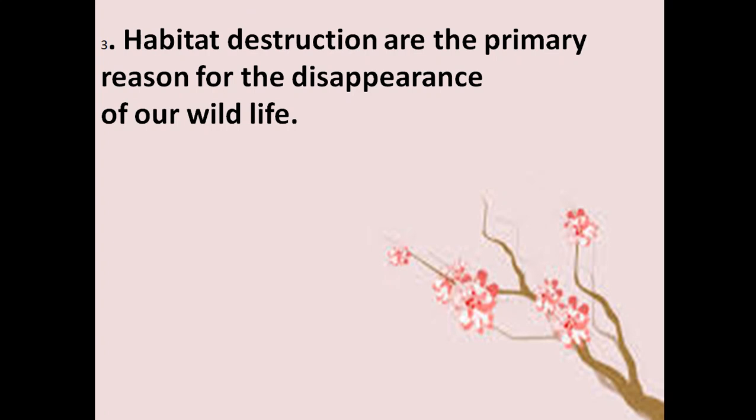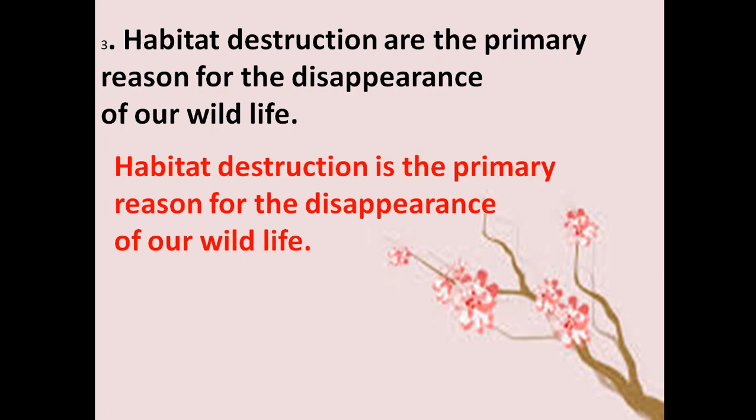Subject is habitat destruction here. So it is singular. See the verb that is followed. A singular subject has to be followed with a singular verb, but here it is plural, are. So that is the mistake here. So the correct sentence will be, habitat destruction is the primary reason for the disappearance of our wildlife. So is. Since the subject is singular, the verb should be singular.